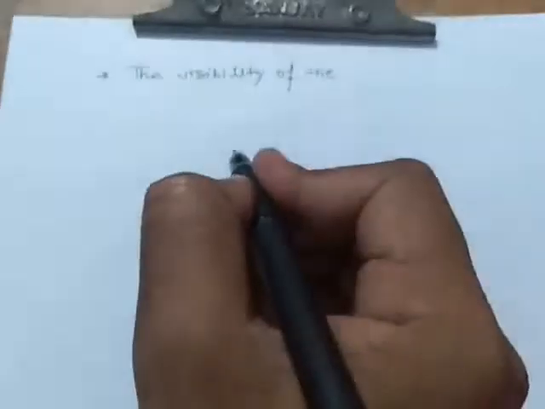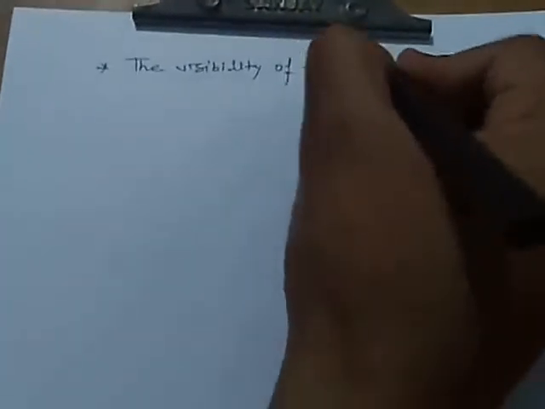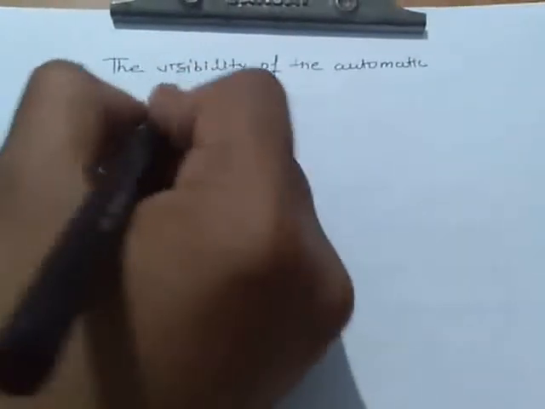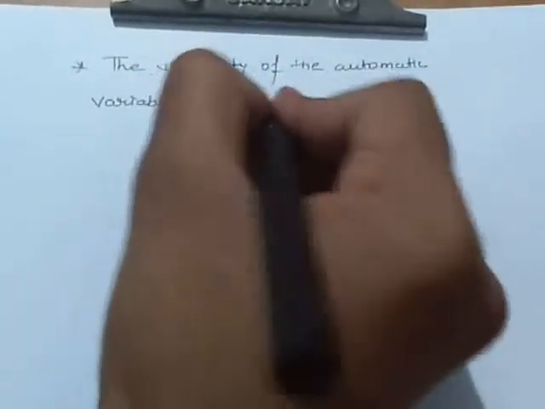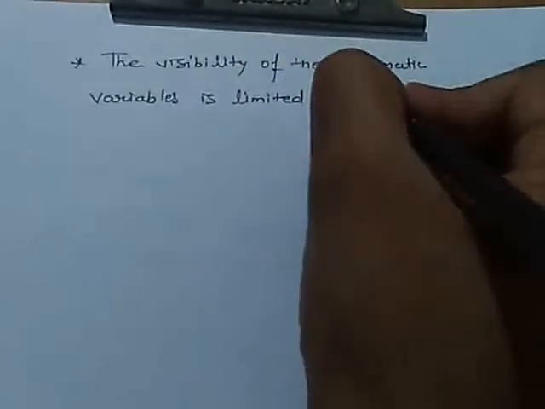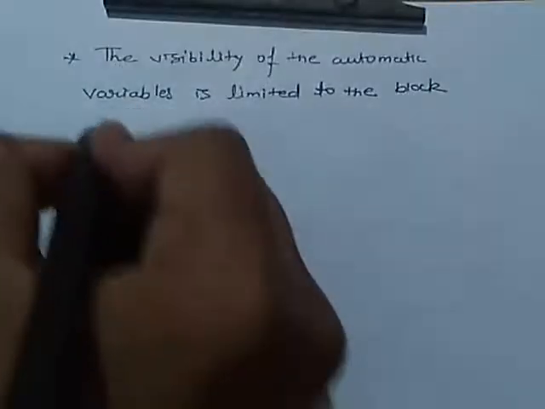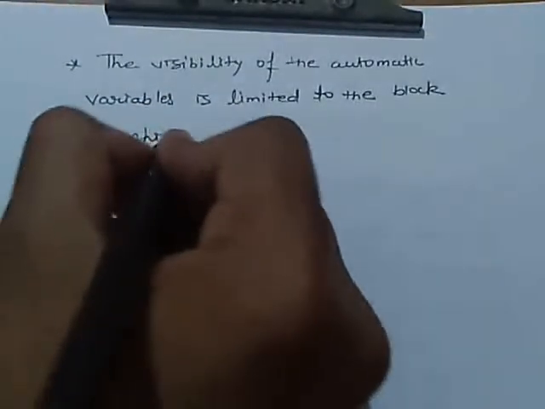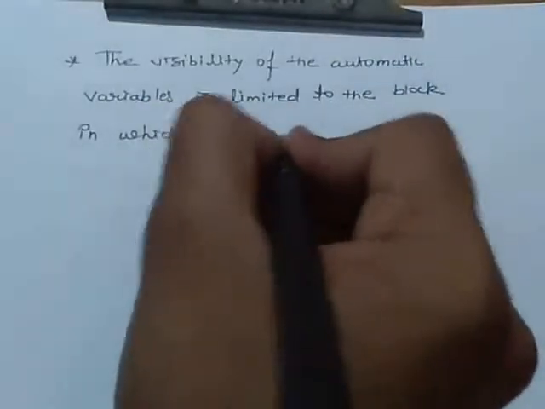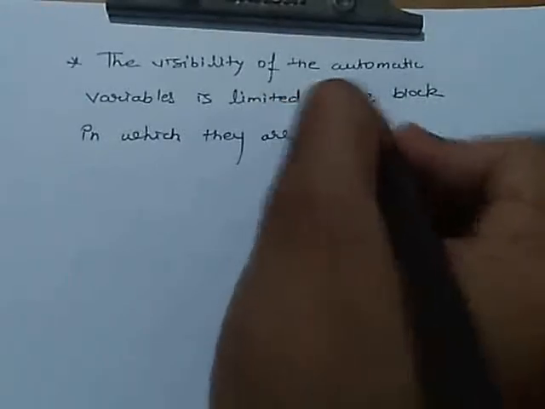Now the second point is the visibility of the automatic variables is limited to the block in which they are defined.